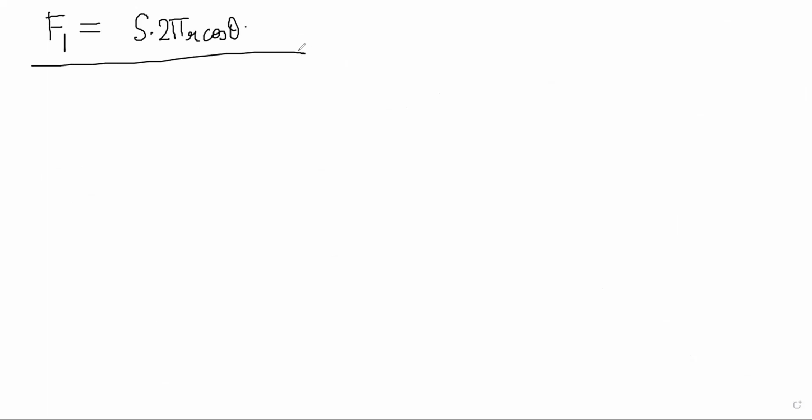Now, the horizontal component S dL sin theta adds to 0 when summed over the entire periphery. F2 is due to the pressure of the air outside the surface, which is P into pi r square, where P is atmospheric pressure. Now, why is it P into pi r square even though the surface is weirdly shaped? Because the cross section of that is pi r square.